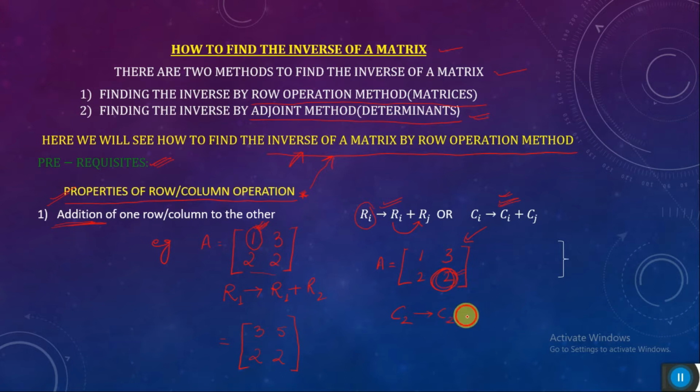So C2 plus C1. C1 is not under operation, so I will keep C1 as it is, and C2 is 3 plus 1 is 4, and 2 plus 2 is 4. So I'm getting 4 here.